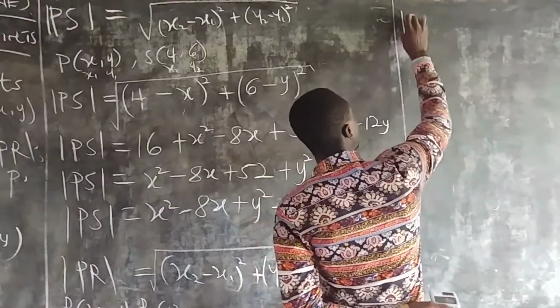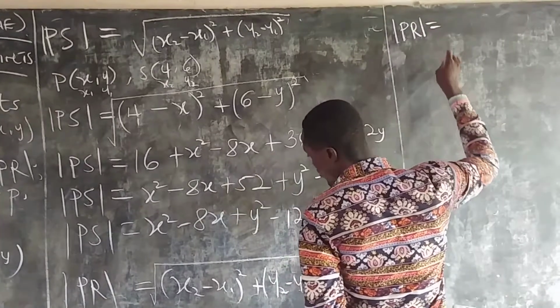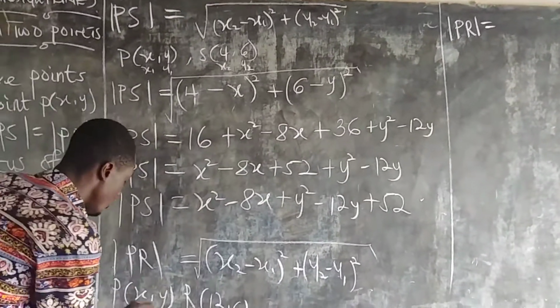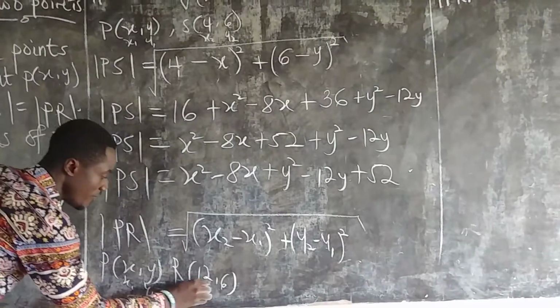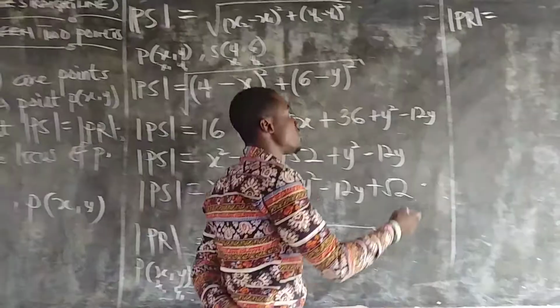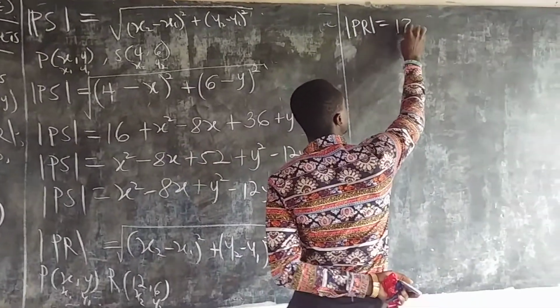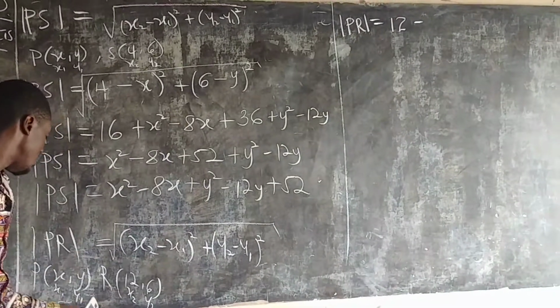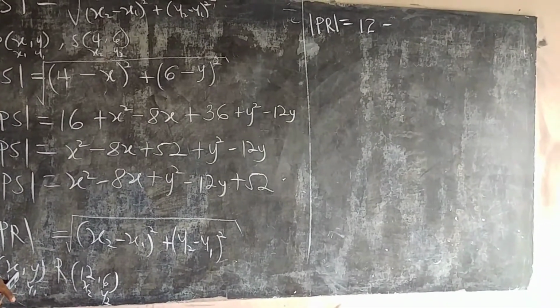Length of PR is equal to, so we have our x1, y1, x2, y2. Our x2 is 12, so write your 12 here, minus x1. Our x1 is x.